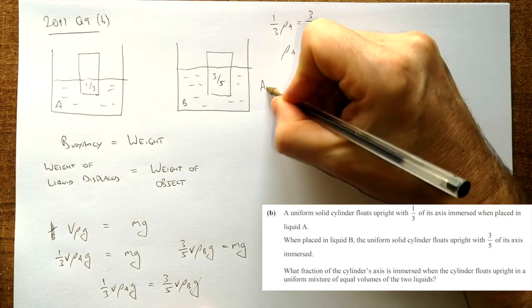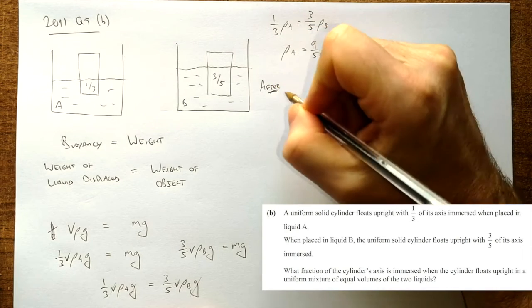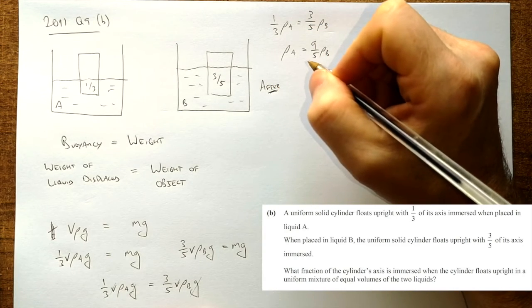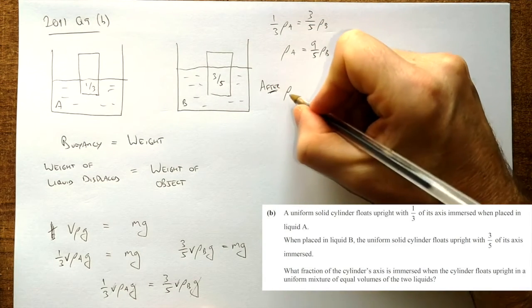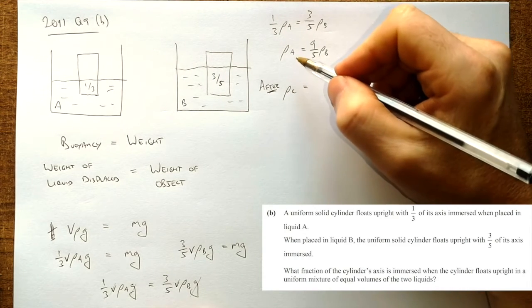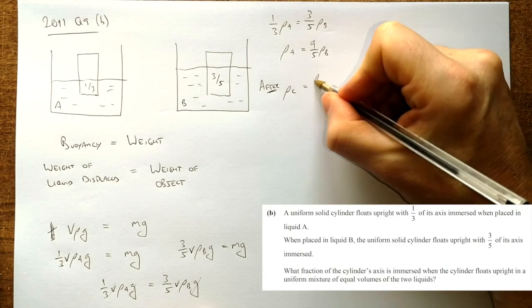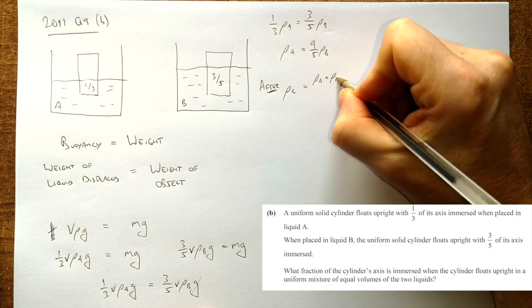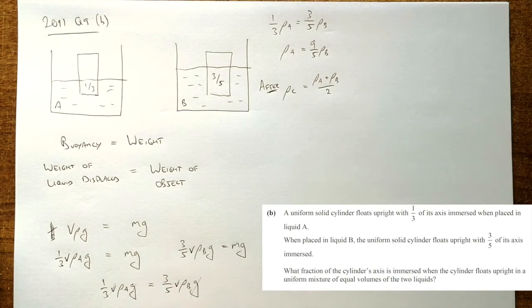Okay, so after, we then mix them all together. So the density, called rho C, is a mixture of these two, equal volumes of liquids. So it's rho A plus rho B over 2, the average density. Now, what fraction of the cylinder is immersed?